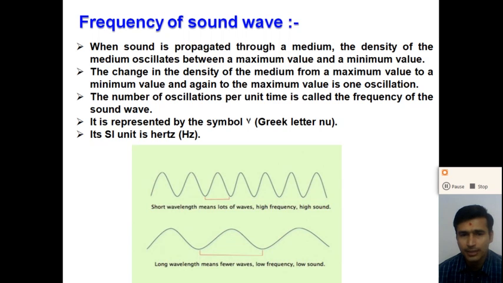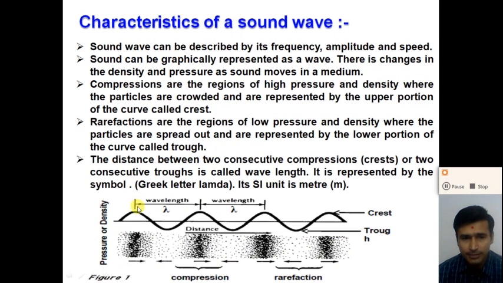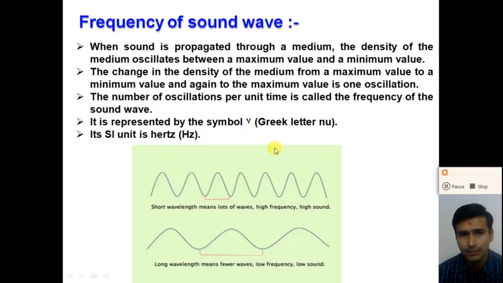For example, if we consider the maximum value here, and the minimum value here, the change from maximum to minimum and again to maximum is called one oscillation, right?